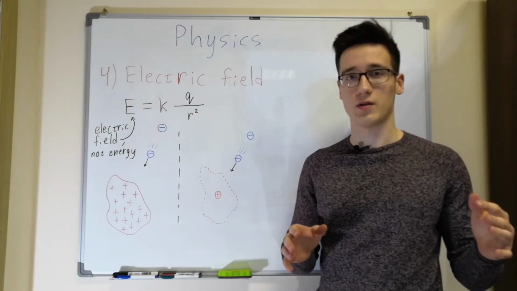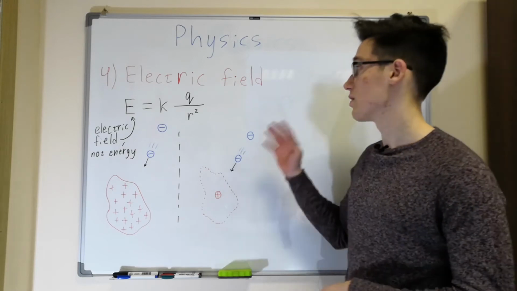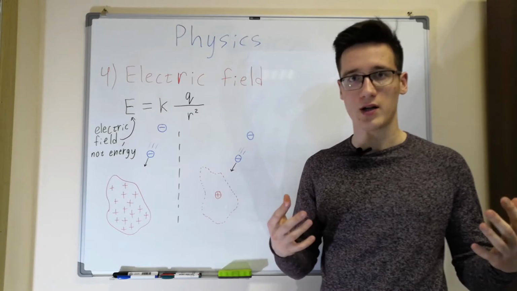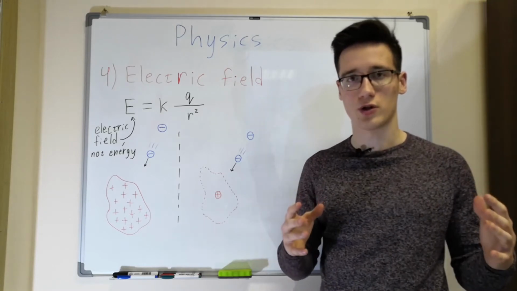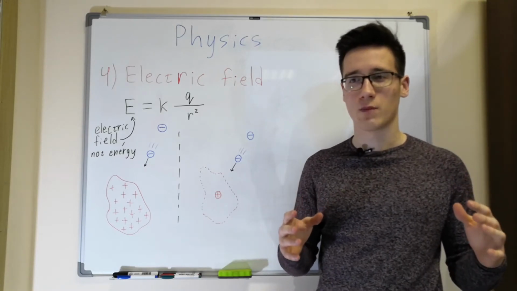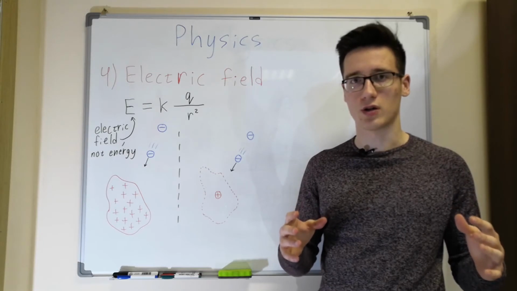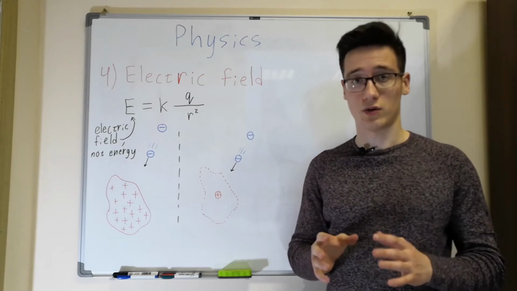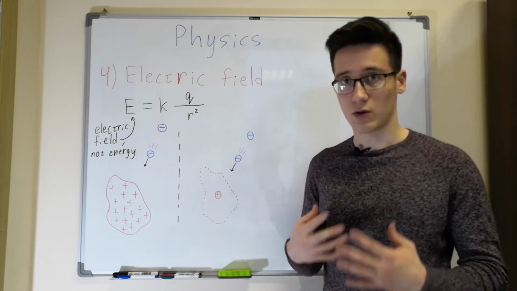The next concept that we're going to talk about is electric field. Any charged particle or any charged body, including point charges, which are basically charged particles which are infinitely small, as a dot, can generate electric field, and they do generate it always.